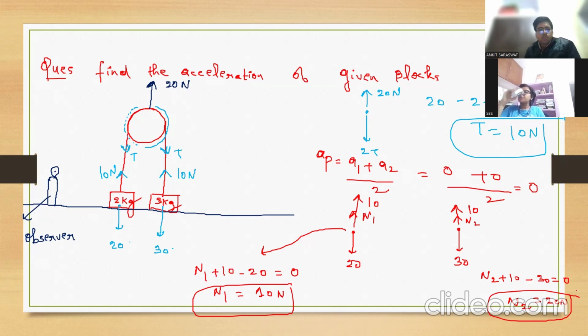Shall I give you one more question? Okay. Keep taking notes because these notes are very important. Draw this question, draw the figure. Next problem. Same question, but you have to understand which block has acceleration, which block is not having acceleration.